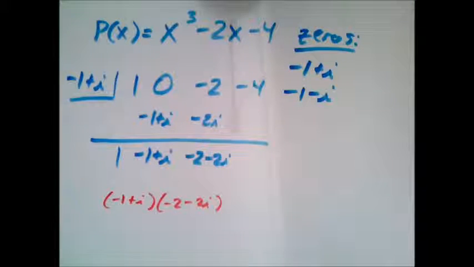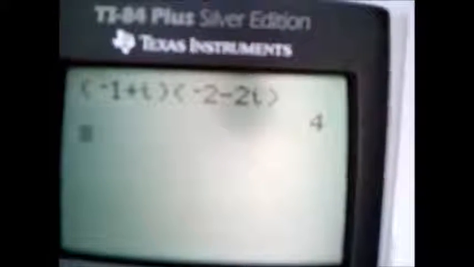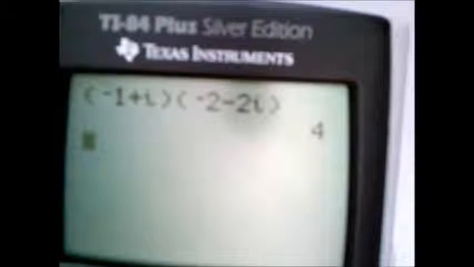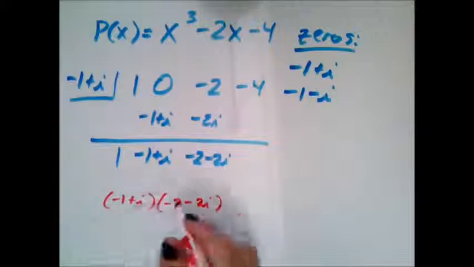So if you want to, you can do your foiling, and then at the same time check it, just because when you're going through that much work, you'd hate to make a really little sign error or something like that. So you can also test that out. It looks like if I multiply those two things, I get 4. So I'm going to do it here by hand to FOIL it, but it's a good thing to check.